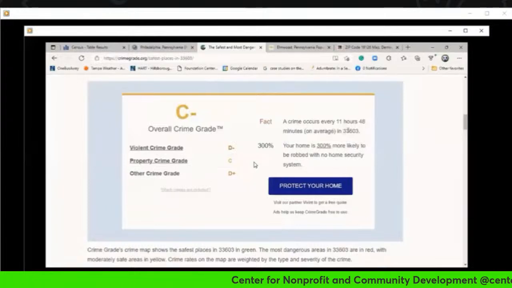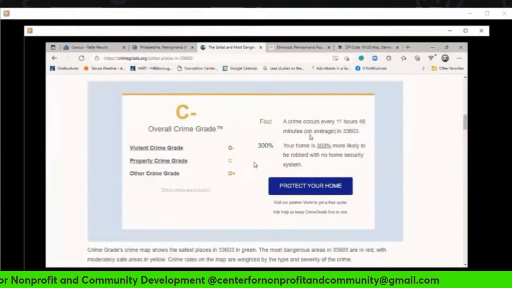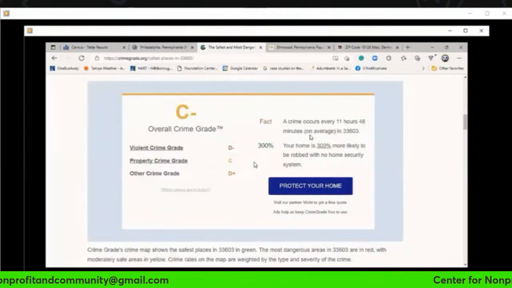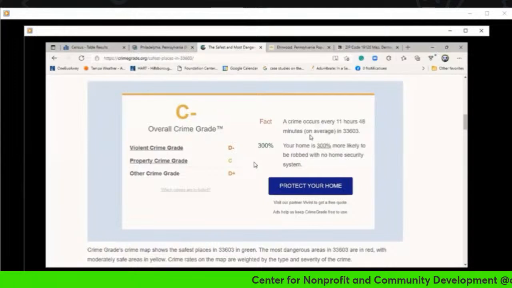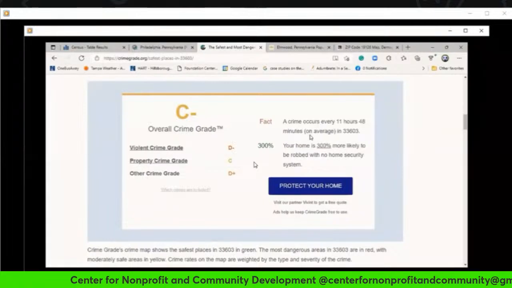A crime occurs every 11 hours in this particular zip code. Now that might sound like a lot, but in some areas where I'm working in Baltimore, a crime occurs every 8 minutes.